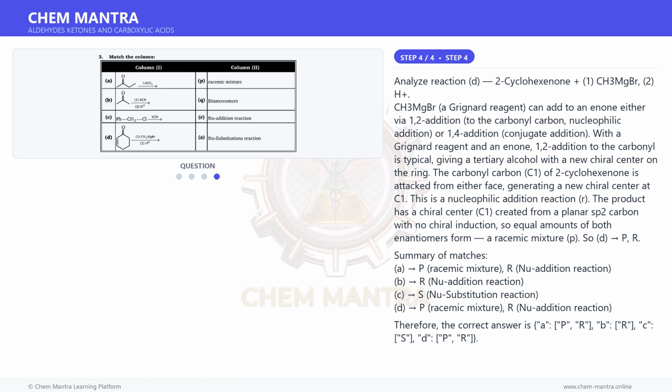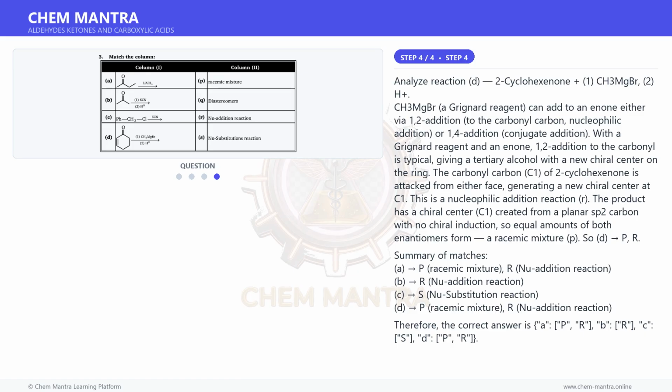With a Grignard reagent and an enone, 1,2 addition to the carbonyl is typical, giving a tertiary alcohol with a new chiral center on the ring. The carbonyl carbon, C1, of 2-cyclohexenone is attacked from either face, generating a new chiral center at C1. This is a nucleophilic addition reaction, R.